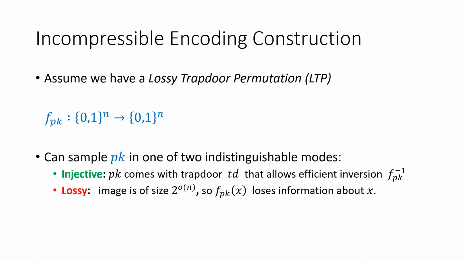Okay, yeah, that's fair. So pseudorandom permutations are a Minicrypt primitive. Lossy trapdoor permutations are a Cryptomania primitive. Yeah, I guess I'm just thinking of a more direct construction. But whatever, I don't know how to define that, so forget it. Okay.